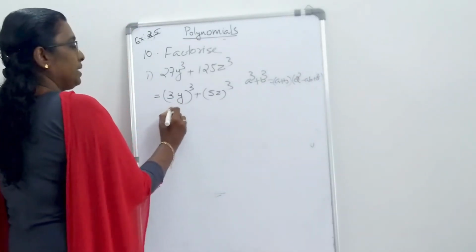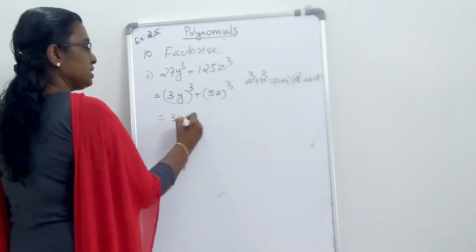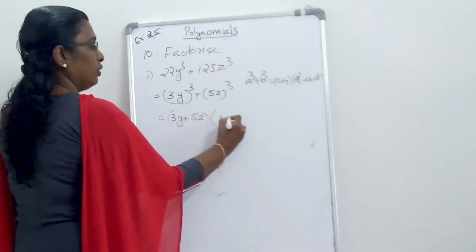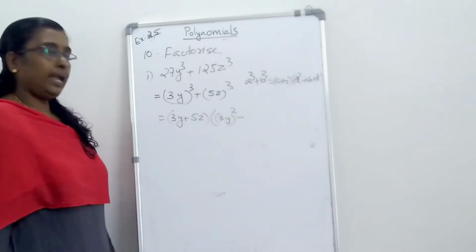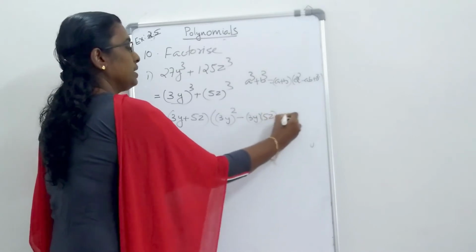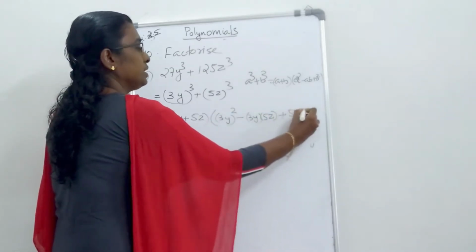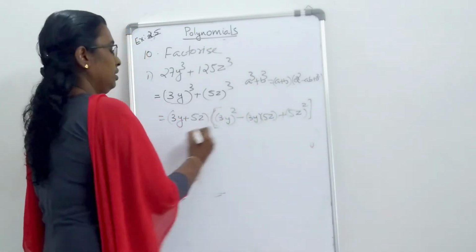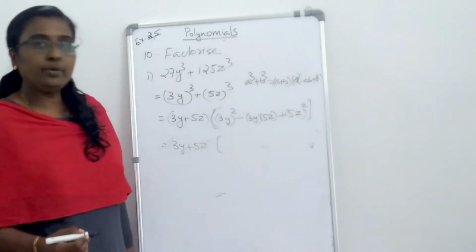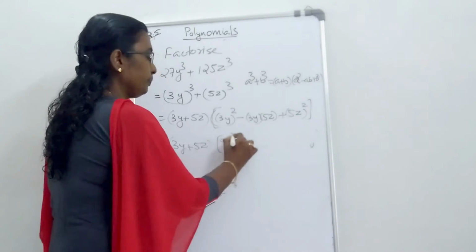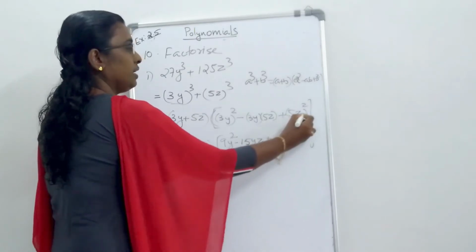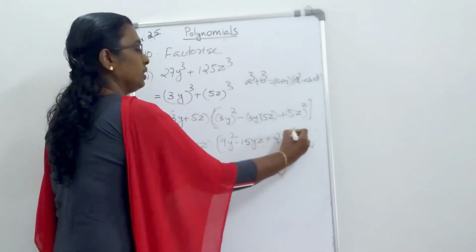Here a is 3y, b is 5z. 3y plus 5z into a square, 3y the whole square, minus ab, a into b, 3y into 5z, plus b square, b is 5z, so 5z square, equal to 3y plus 5z into 3y the whole square is 9y square, 3 into 5, 15yz, minus 15yz plus 5z the whole square, 25z square.